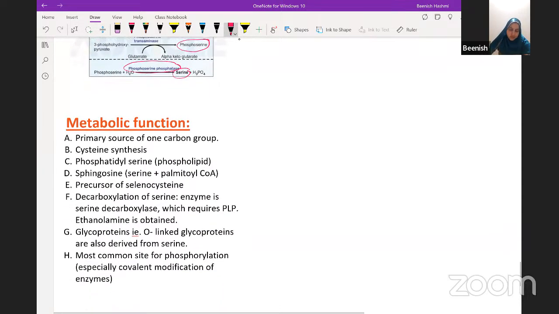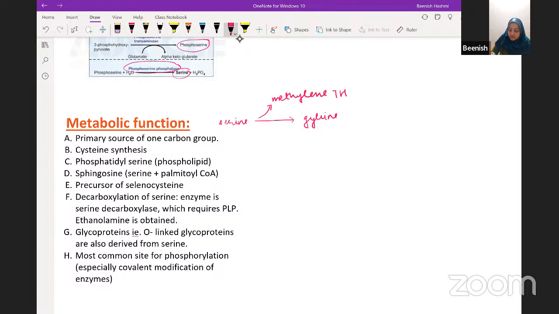Talking about the metabolic functions of serine. It is the primary source of one carbon, because we've already seen how, when serine forms glycine, methylene tetrahydrofolic acid is formed, which is the primary donor of one carbon group.